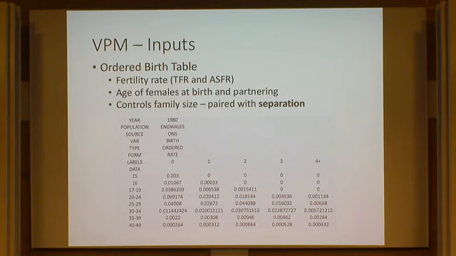So at this point we're able not only for people to have a good feel of the data they're giving to the program, but also a set of rules which could allow us to generate this table based on somebody saying, I want to see a high fertility rate within the population. And the other thing that I've touched on is that this table, along with separation, can be used to control family size within the population.